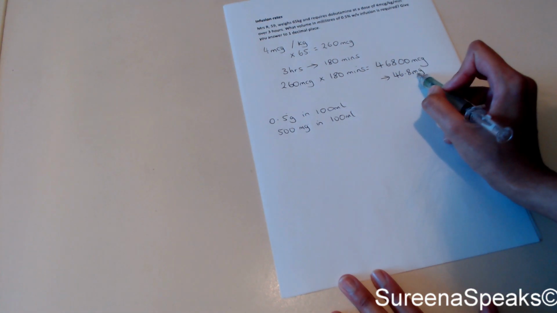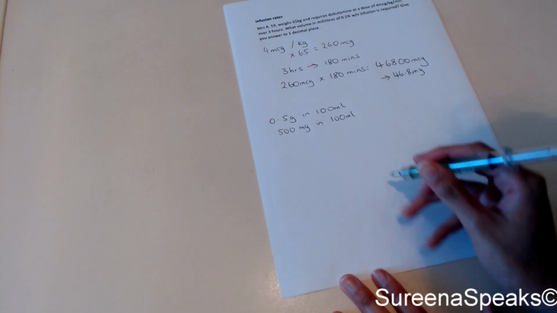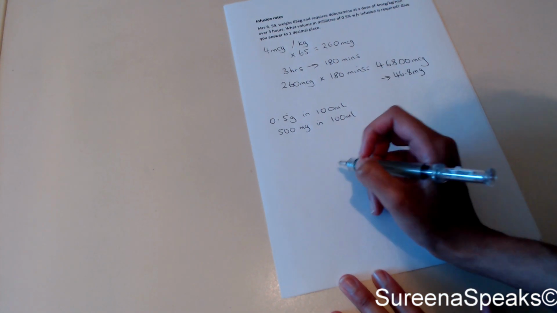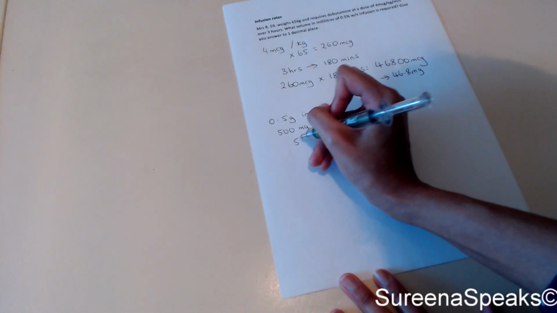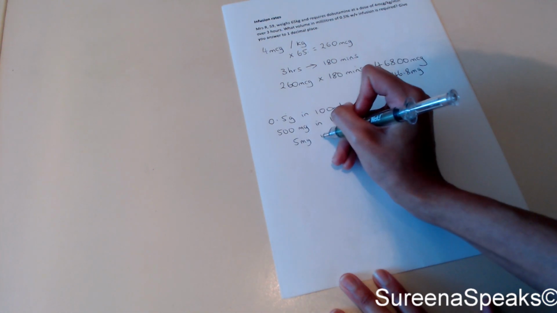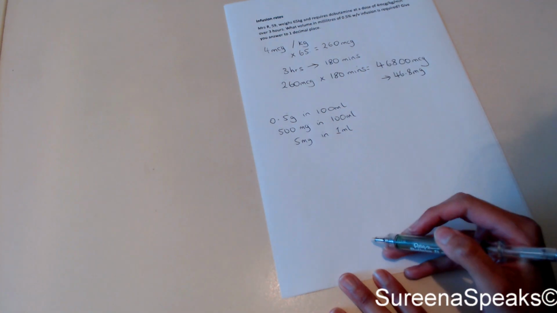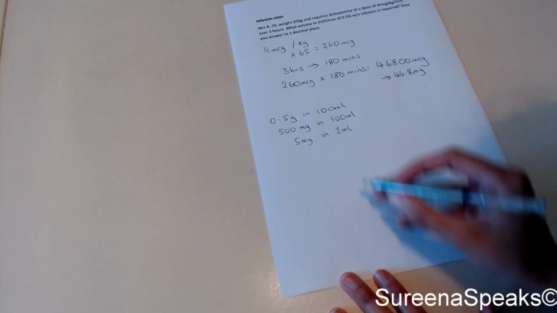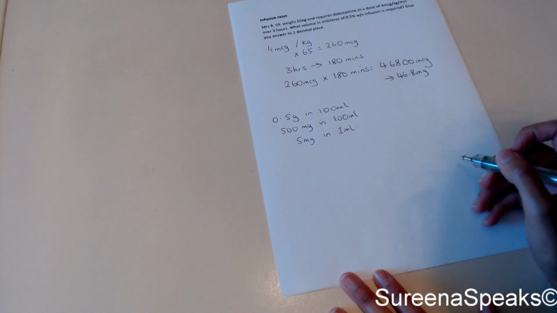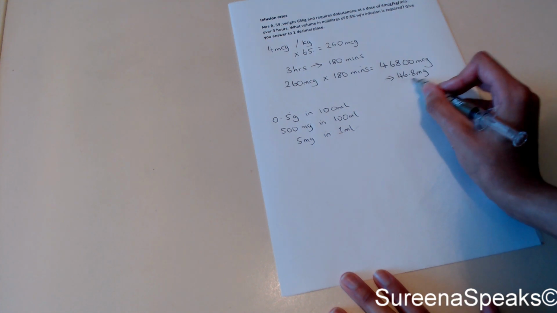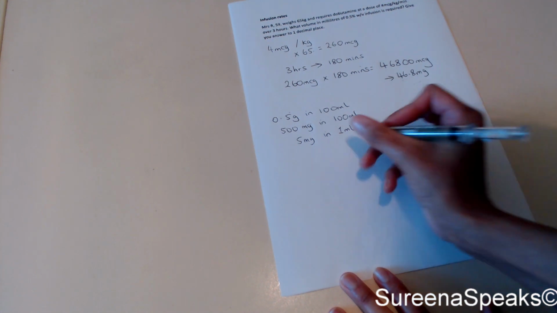We've got 46.8 milligrams. What we could actually do at this point is simplify this further to say that in every mil there is 5 milligrams. All we've done is divide it by 100 on each side. We want to know how much is in 46.8 milligrams.